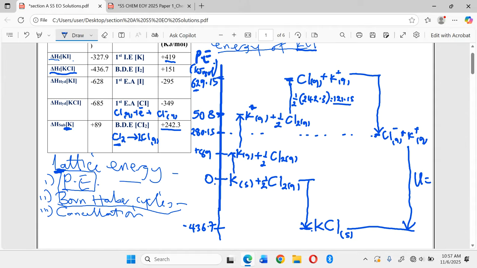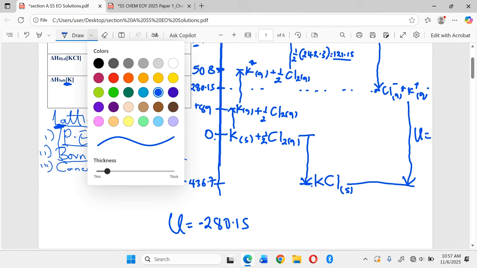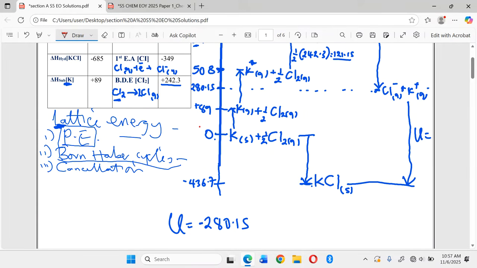So how do we get this lattice energy? At this stage, it is 280. But you recall we are moving in the opposite direction, in a negative direction. So our lattice energy is going to be 280.15. Of course, it is minus because we are moving from here. Let's see it very well when I use a red pen.